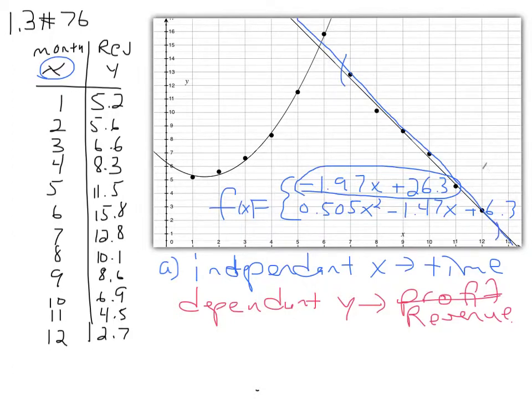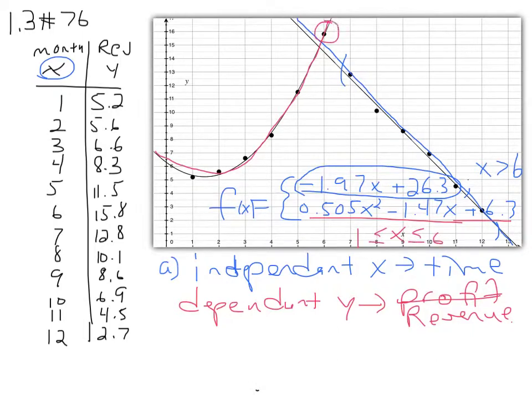The quadratic piece, this one, looks pretty good from 1 to 6. So I'm going to say that this is good for x between 1 and 6.